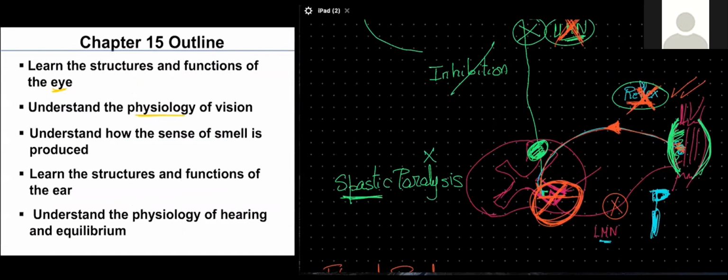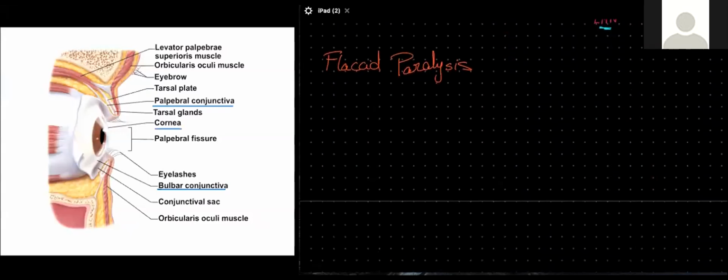We're going to understand how the sense of smell is produced, and we're going to learn the structures and functions of the ear, and we're going to discuss together the physiology of hearing and equilibrium. Starting first with the vision.